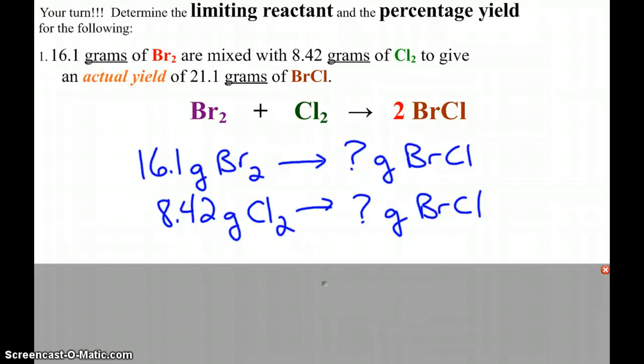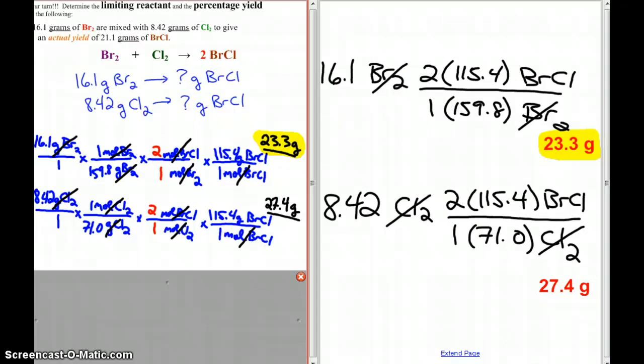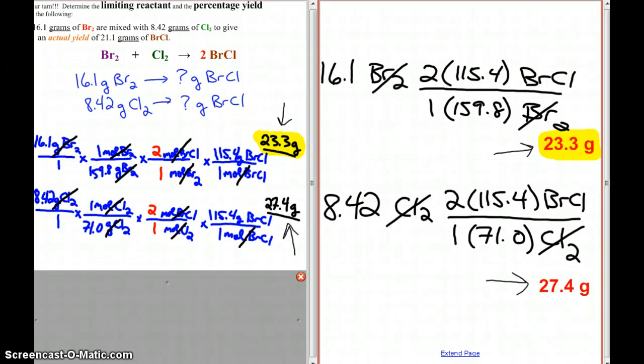So either way you do the mass-mass problem, you can see that if I use all 16.1 grams of bromine, I'm going to come out with 23.3 grams of product. If I use all 8.42 grams of chlorine, then I'm going to come out with 27.4 grams of product.